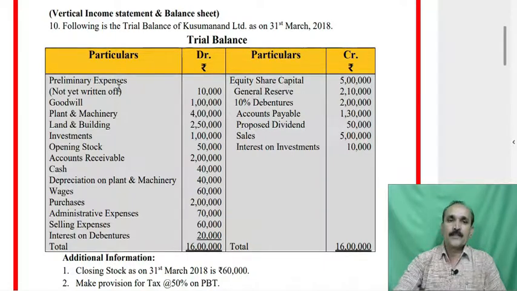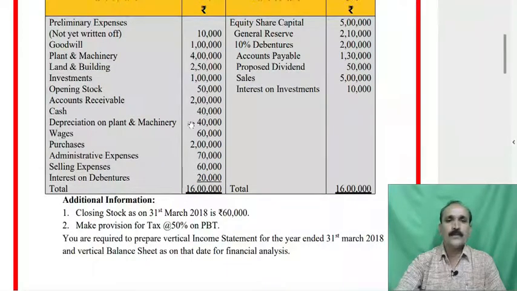Debit side: preliminary expenses not written off 10,000, goodwill 1 lakh, plant and machinery 4 lakhs, land and building 2,50,000, investments 1 lakh, opening stock 50,000, account receivable 2 lakhs, cash 40,000, depreciation on plant and machinery 40,000, wages 60,000, purchases 2 lakhs, administrative expenses 70,000, selling expenses 60,000, interest on debentures 20,000.